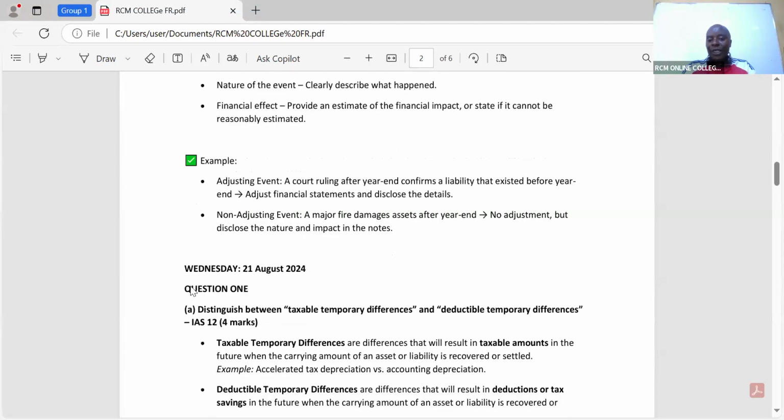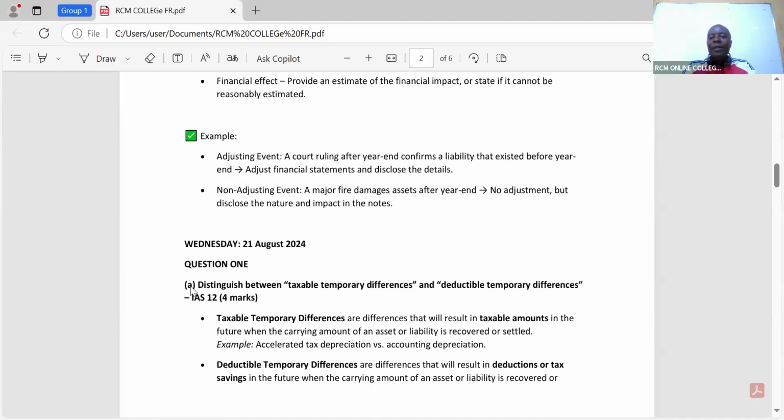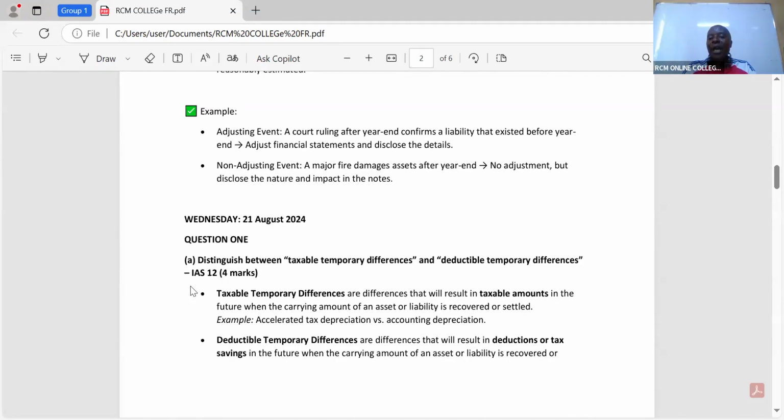There are very good examples. I've shared this handout with you. Ladies and gentlemen, here they came and asked us something on IAS 12. Distinguish between taxable temporary differences and deductible temporary differences. When we talk of taxable temporary differences, the difference is just temporary, but in this case you have gained.